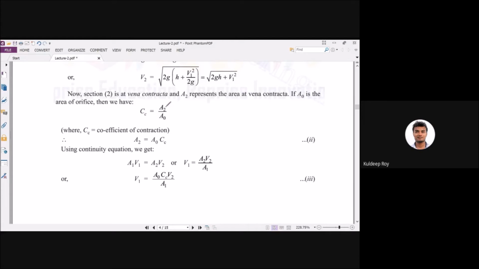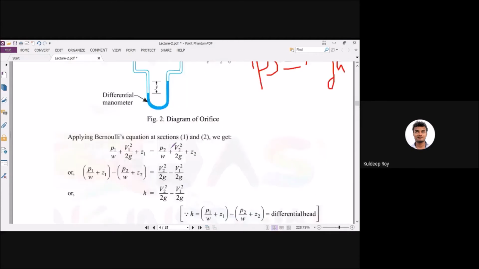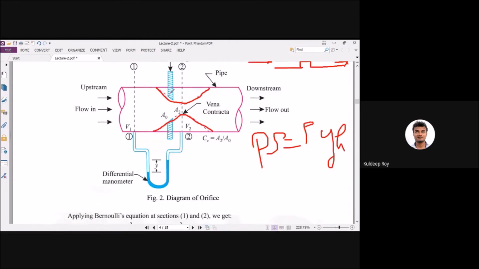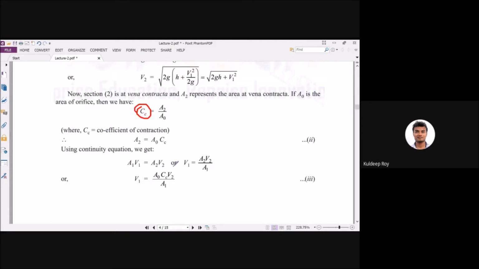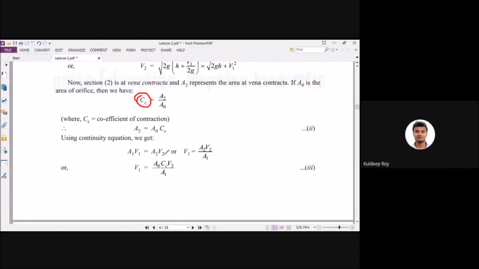From here you have determined how much the area will be at point 2, because you know only the orifice plate area, but it shows some kind of hindrance in the downstream section. So definitely you are looking for this area A2. Here you have added the coefficient of contraction Cc, so A2 equals A0 Cc. Now A1 V1 equals A2 V2, the continuity equation you have applied.